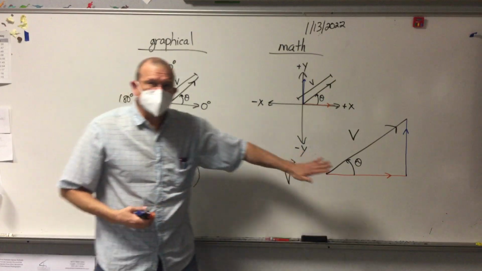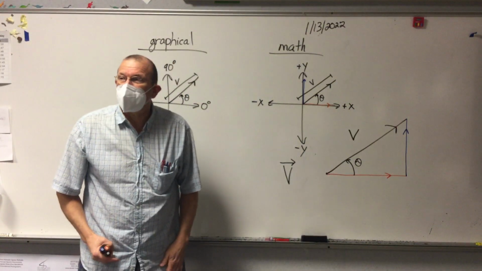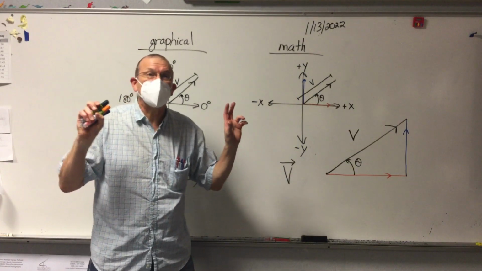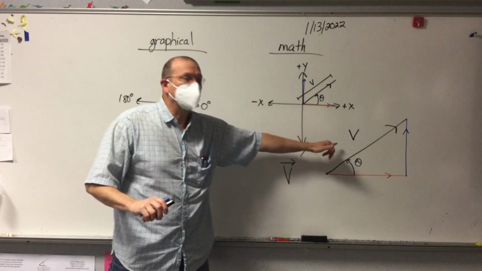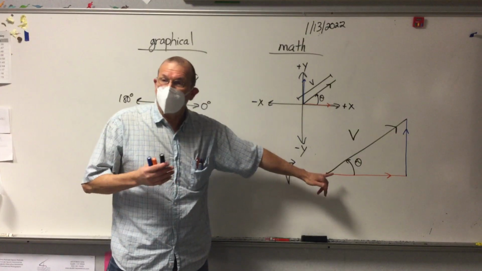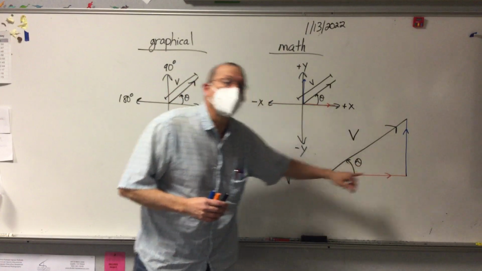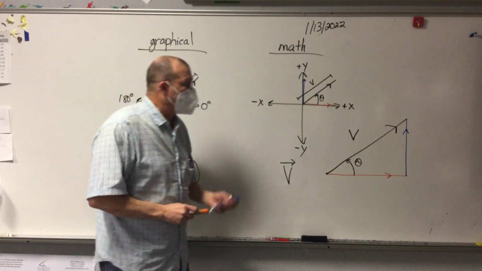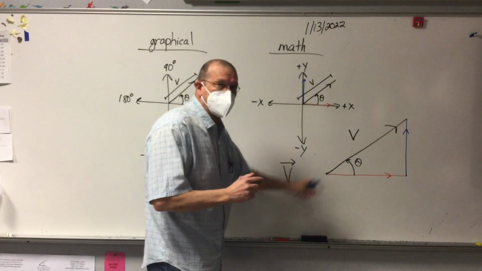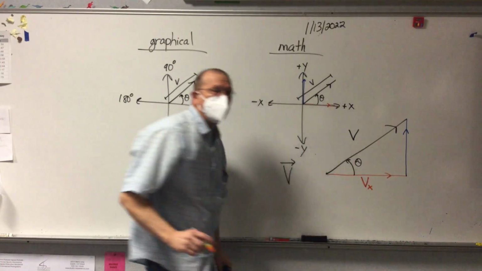And when you look at this, this orange piece would be referred to as the horizontal component of the vector. All that tells us, if we were to know that number, is how far this takes us horizontally. Because of that, this piece is referred to as V sub x.